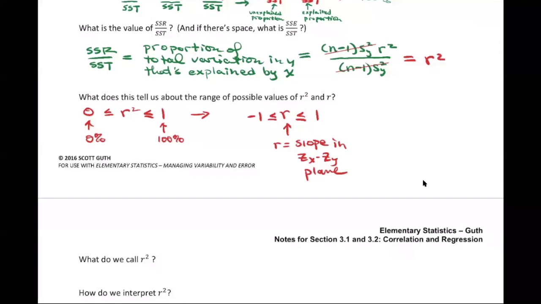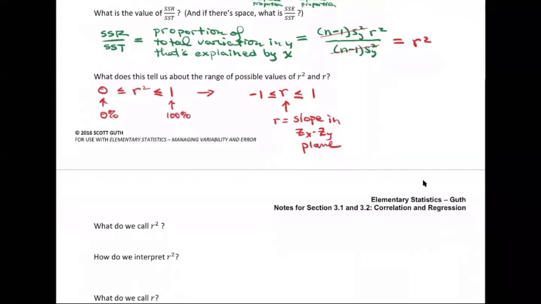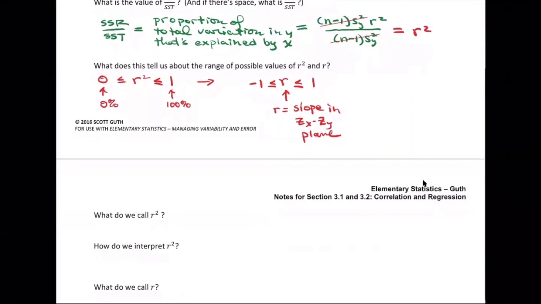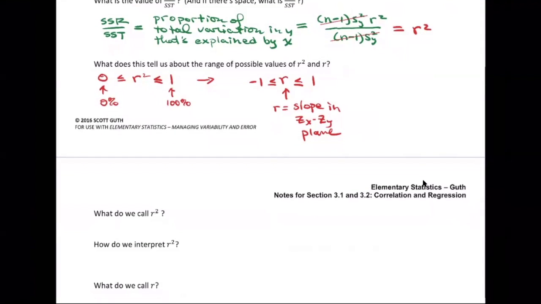So we expect r to go negative if the line goes downhill. So we know r will always be between -1 and 1. It never gets bigger than 1. It never gets less than -1. Okay, any questions here? Notice if r goes between -1 and 1 and you square it, it'll go positive. So r squared has to be between 0 and 1. Okay, any questions?